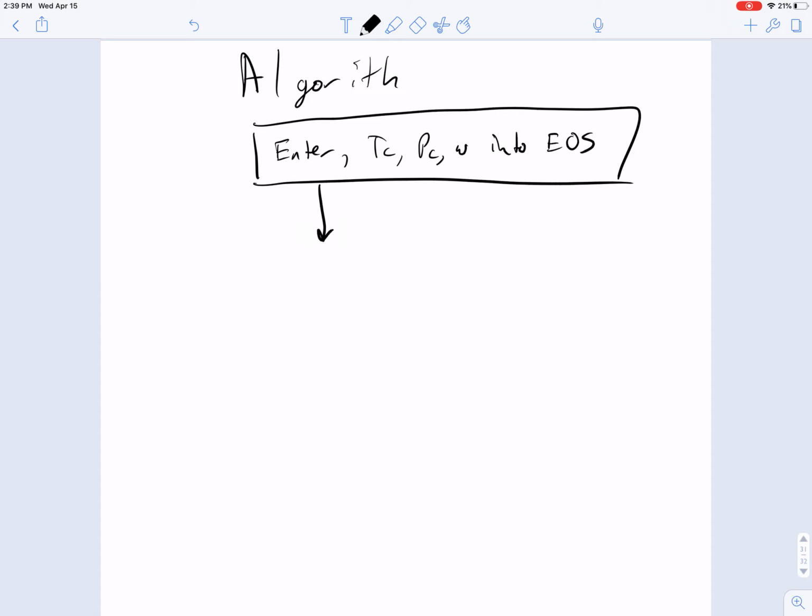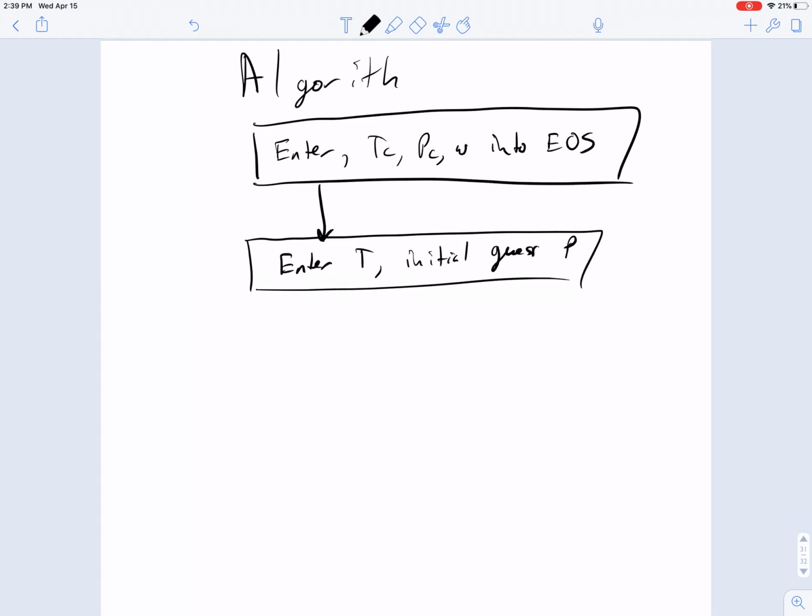Then you enter the temperature. Then you have to choose an initial guess for the pressure, because if you have an isotherm and a vessel with coexistence, you don't know what pressure is inside of that. You have to guess it. That's what you're going to be iterating on.